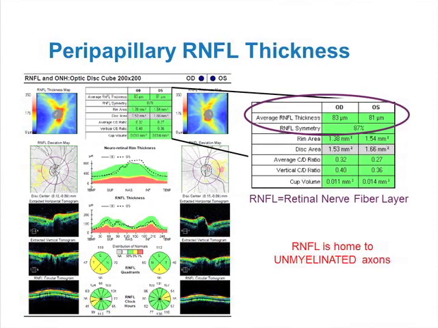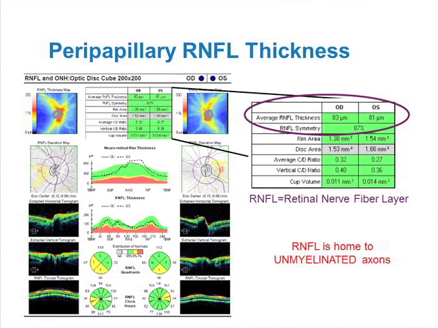To give an idea of what the images and the data from the device look like, when I mentioned that we can look at the optic nerve head area using OCT, the way that data is presented from this is in the peripapillary retinal nerve fiber layer thickness. I show you on this slide a typical report from an OCT instrument of what the peripapillary RNFL thickness report looks like.